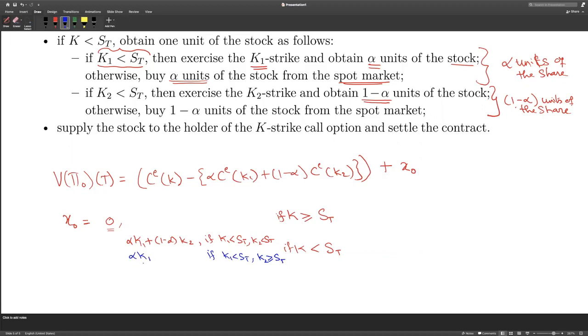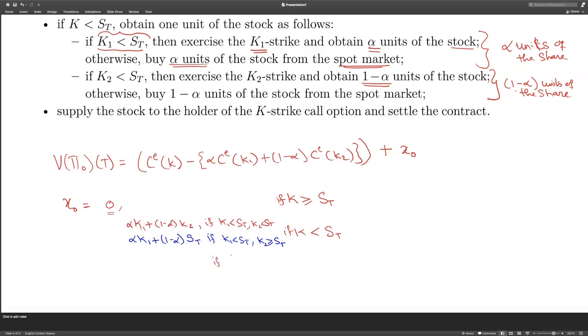Therefore, you will be spending alpha times K1, but you will not exercise the K2 call option because that is not profitable to you. So you will go to the spot market and buy 1 minus alpha units of the stock at the spot market rate. Therefore, it is 1 minus alpha times ST that will come.